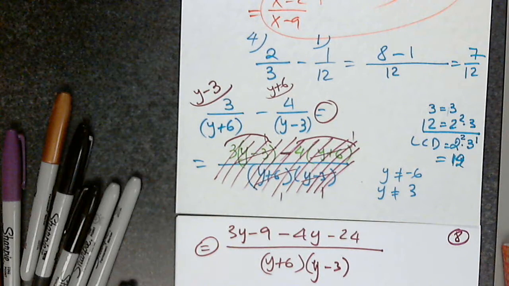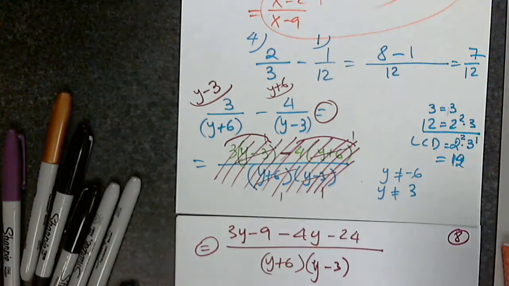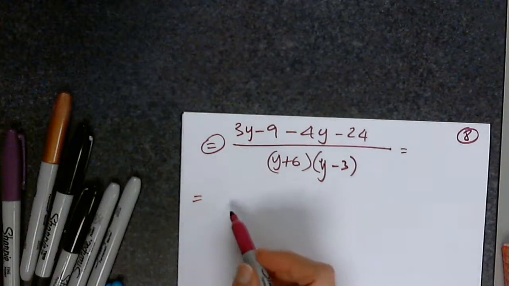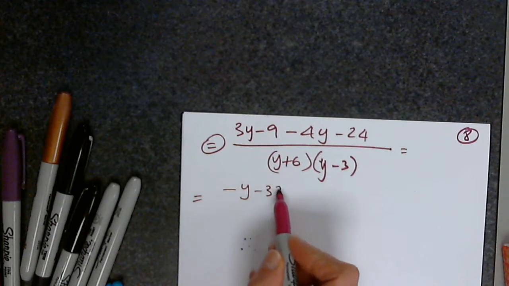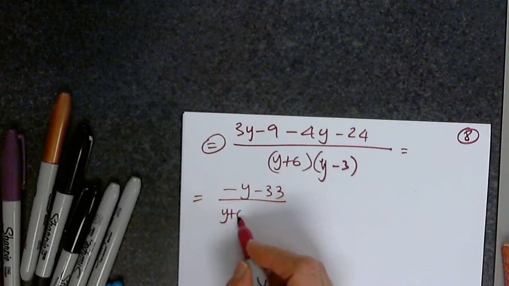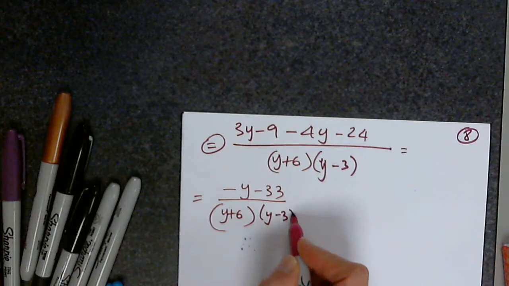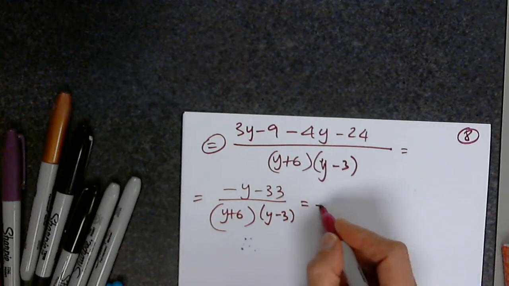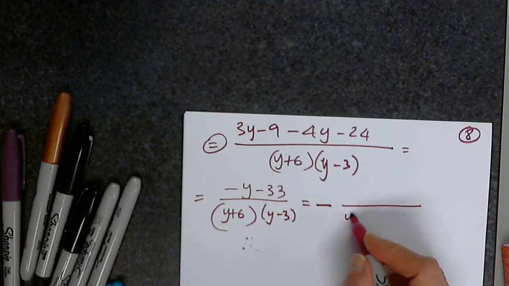Because they're all terms. It's clear now that you can't do anything. So all I have to do next is just combine like terms. So when you combine the tops, you will get negative y minus 33 over y plus 6, y minus 3, and you will factor out negative 1. Please factor out negative 1 and tell me what you get at the top.